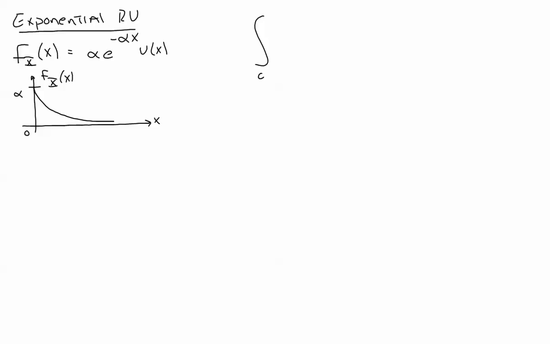Integral from 0 to infinity of x raised to the nth power e to the minus ax dx equals n factorial divided by a raised to the n plus 1 power. Again, I looked this up in the back of an old calculus book somewhere, so I'll just say that I found this in integral tables.